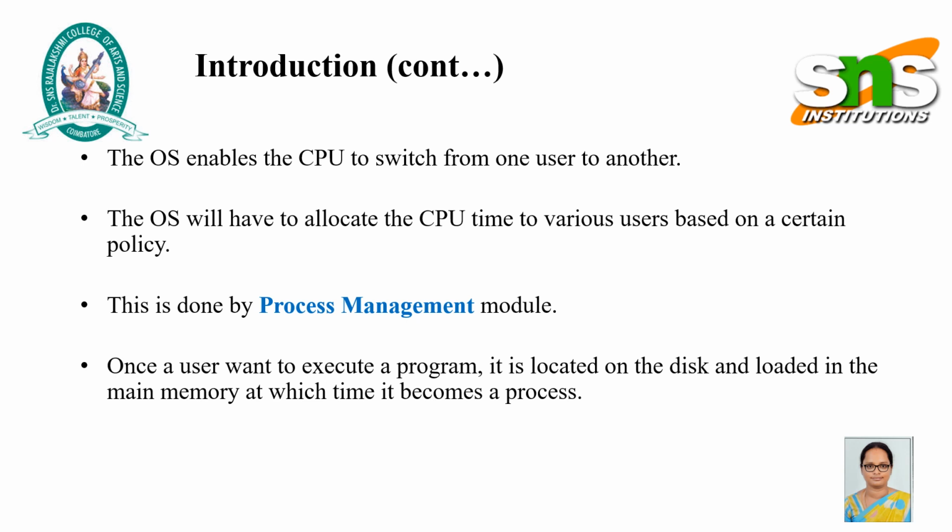It also has to allocate the CPU time to various user-based jobs based on a set of policies. This is done by a process management module. Once a user wants to execute a program, it is located on the disk and loaded in the main memory, at which time it becomes a process.